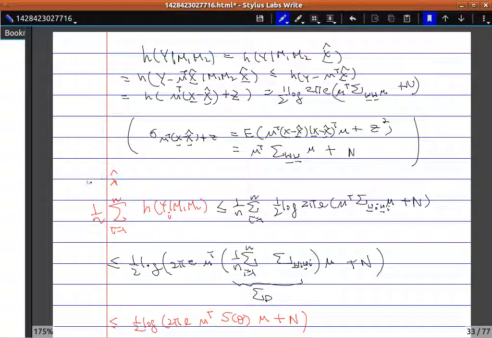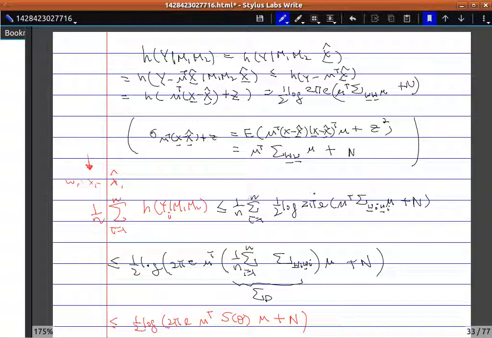Remember that we have w is actually equal to x minus x hat wi. So x has the same statistics everywhere, but x hat can be different, and so does wi. But if we take an average of that, log here is a concave function, so we can just use Jensen's inequality.